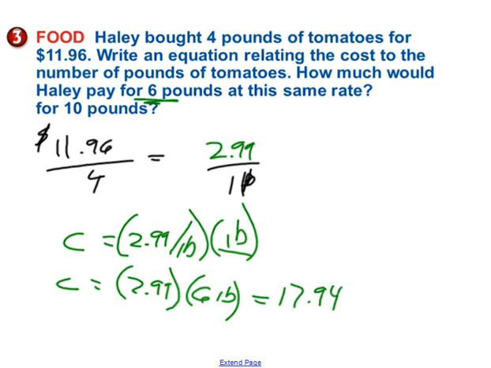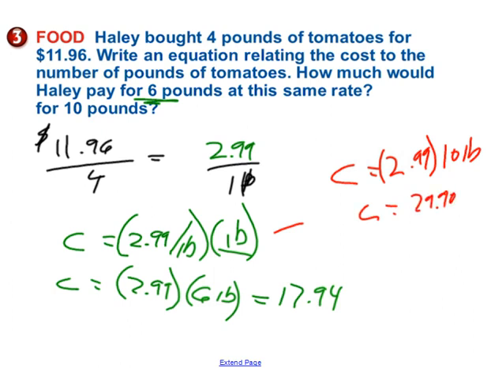And I can do a similar equation, only with 10 pounds. Take this equation, say C is equal to $2.99 times 10 pounds. $2.99 times 10 would be $29.90 would be the cost for 10 pounds.